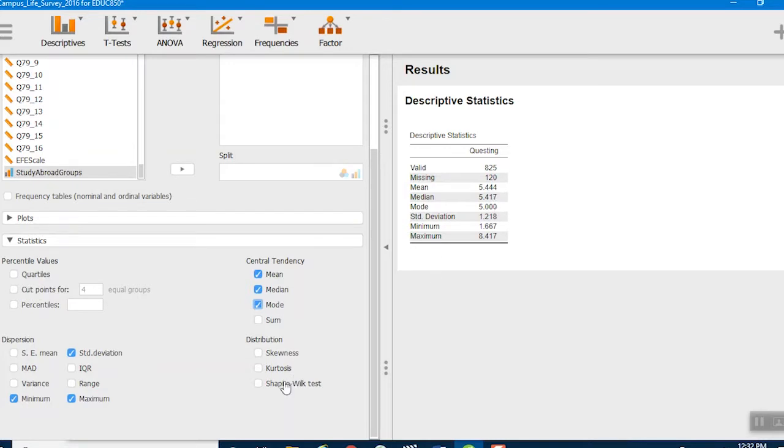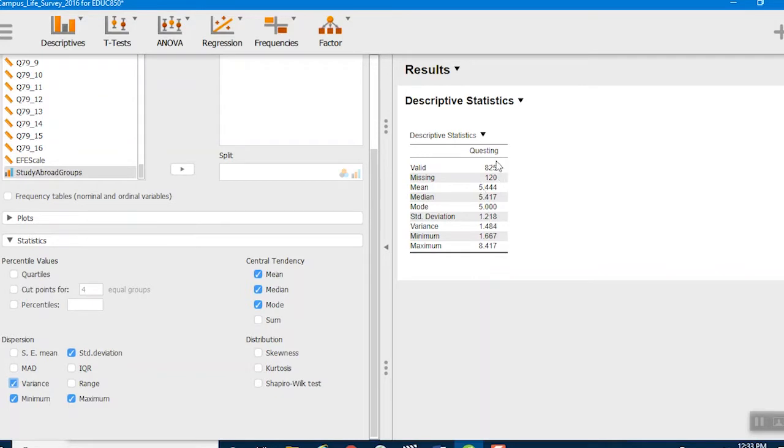Then we can get measures of variance as well, so we've got the variance listed. To get the standard deviation, if we just took the square root of 1.484, we would get 1.218. That's how those two measures of variability are related to one another.